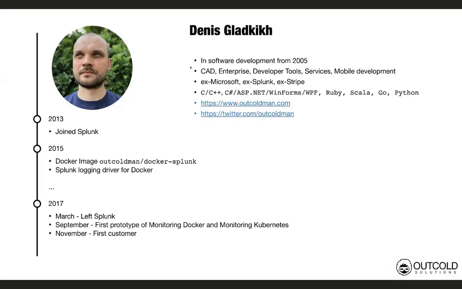In November, we found that we were not the only ones interested in that, and that there were customers who wanted to pay for it. So I found a co-founder, and in December we decided to found the company and start working on solutions for monitoring OpenShift, Docker, and Kubernetes in Splunk. We used the name OutCloud Solutions because some work had already been done under my nick, outcoldman, so people would see some of the history around who is working on this.